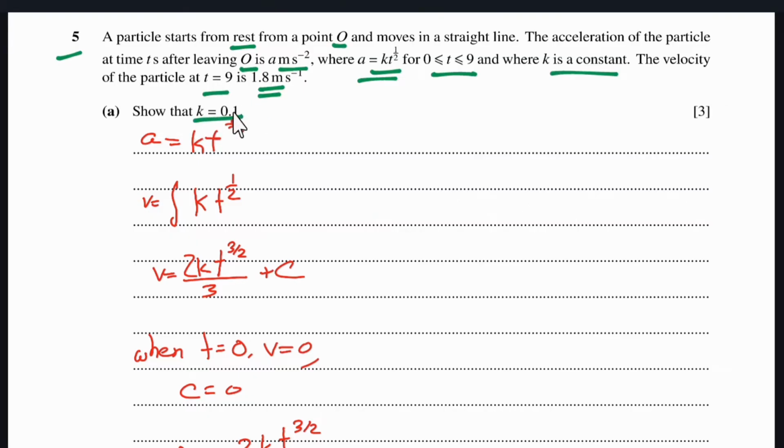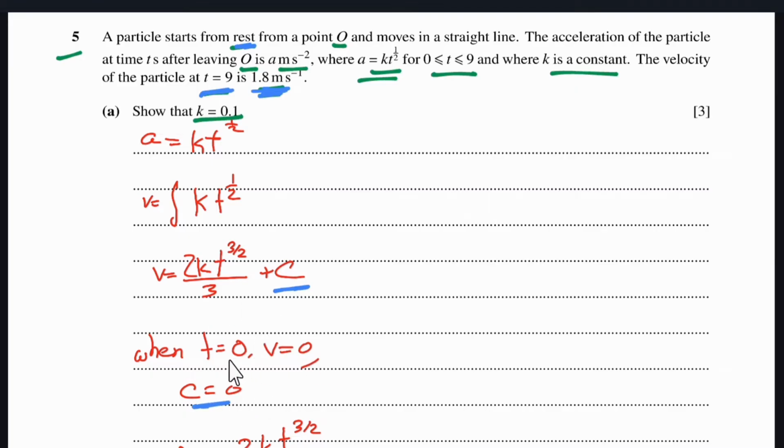To find the value of k, we know the value of time and the value of velocity. So we can just integrate acceleration with respect to time to find an expression for velocity. After integrating, we get an expression of velocity in terms of c, and we know that at rest, that means at time t equal to 0, velocity is 0, so the value of c is also 0.